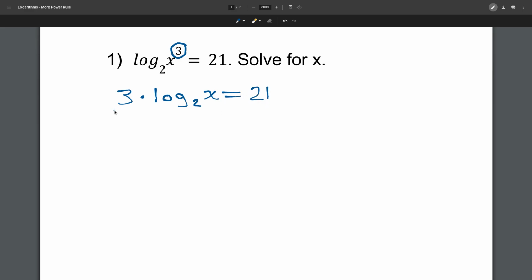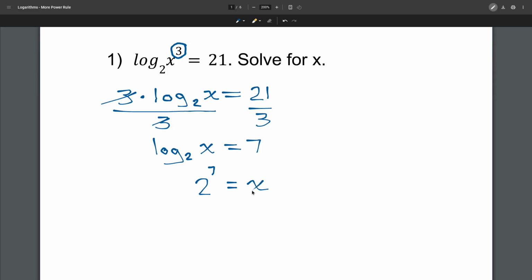We can now divide both sides by 3 here, and we'll get log base 2 of x equal to 7. We can now write this in exponential form with the base of 2 to the power of 7 equal to x. And that's 7 2's multiplied together.